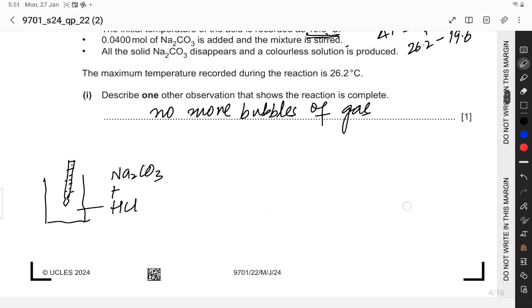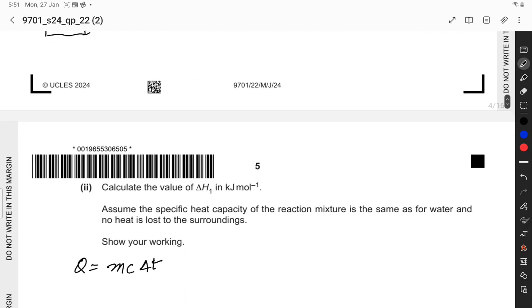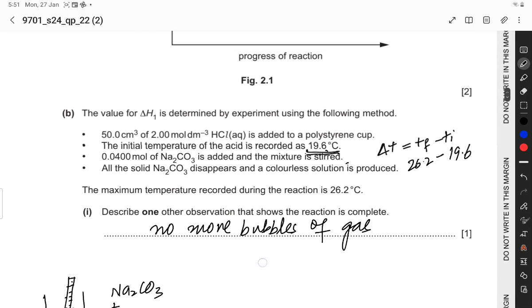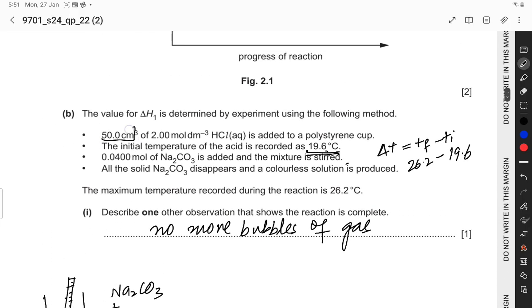So this is delta T. Specific heat capacity is 4.18, and the mass of solution is 50, because the volume is equal to the mass.